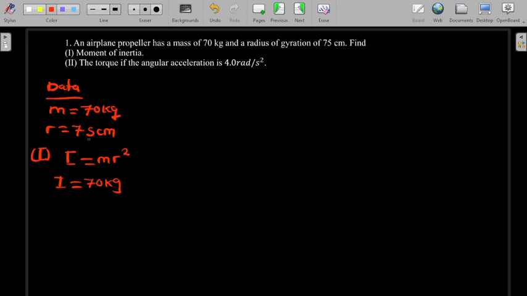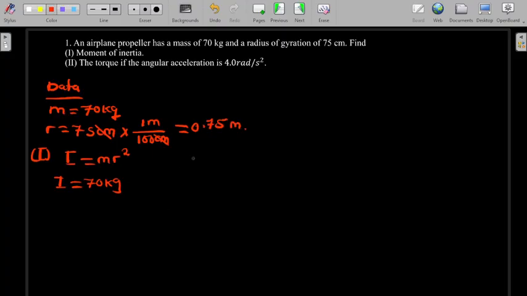Since the radius given is in centimeters, we need to convert it to meters. We know that in 1 meter we have 100 centimeters. So centimeters cancel, and 75 divided by 100 gives 0.75 meters.